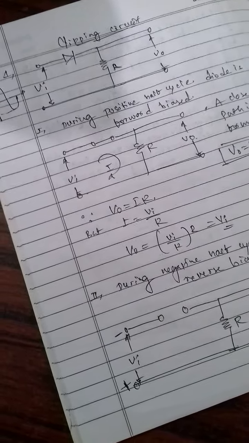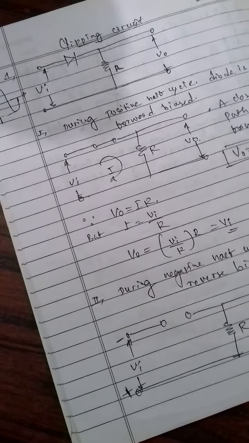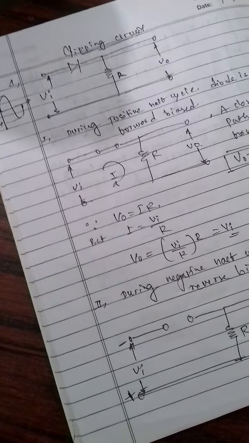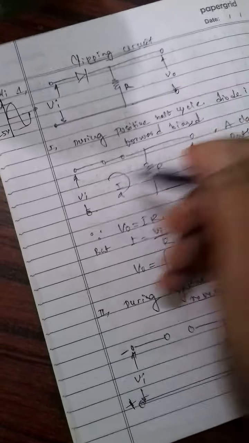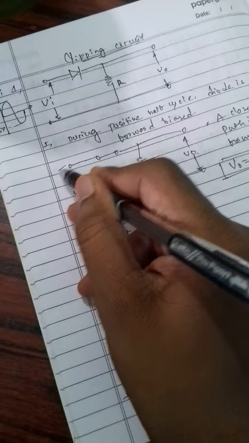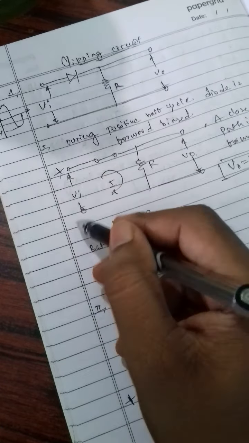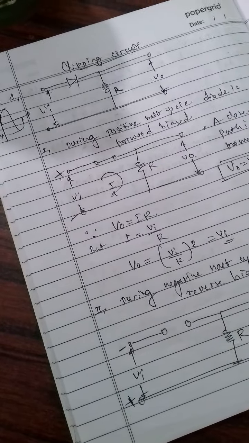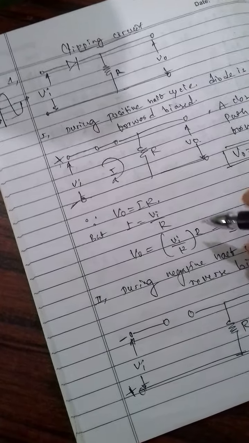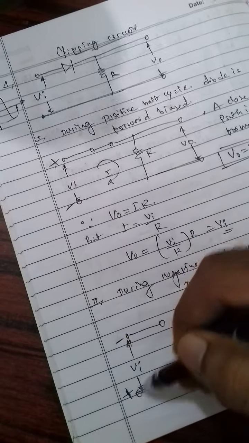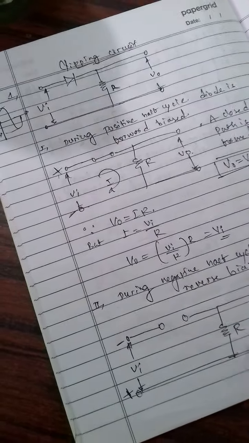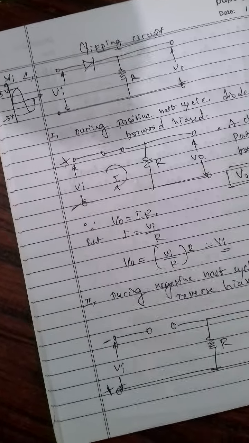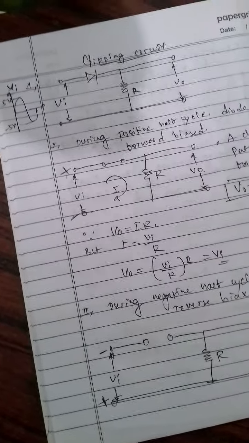During the positive half cycle, this one is positive and this one is negative, but during the negative half cycle, this one is negative and this is positive, so the voltage at the anode is less than at the cathode, so the diode is reverse biased.